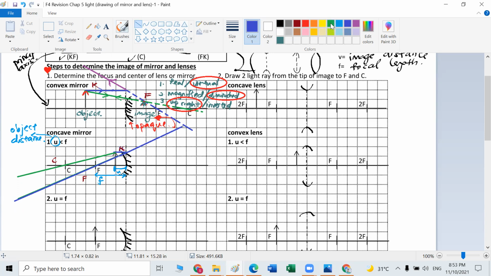Now can you see? Okay, so now you can see these two lines intersect. So the image is here.